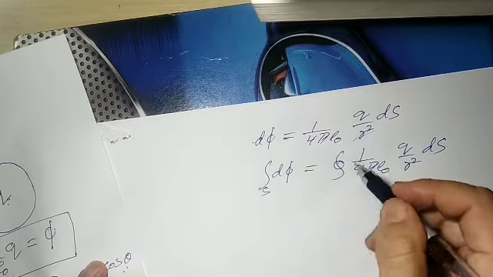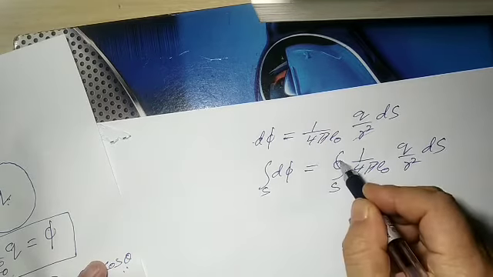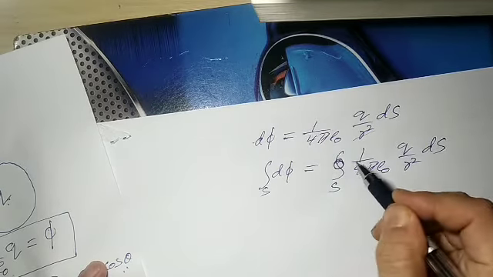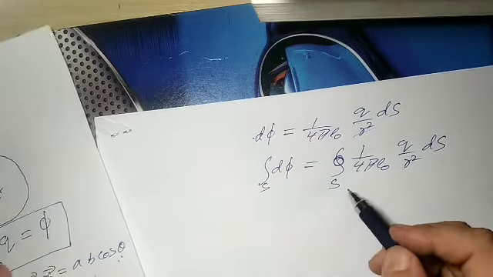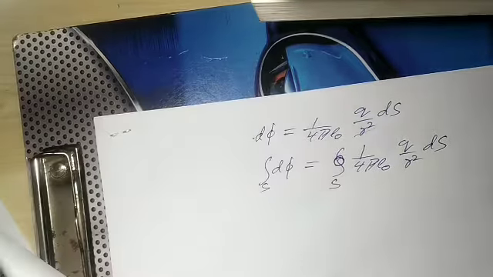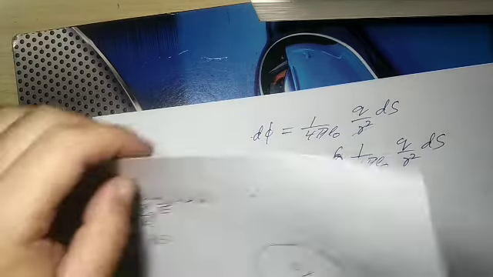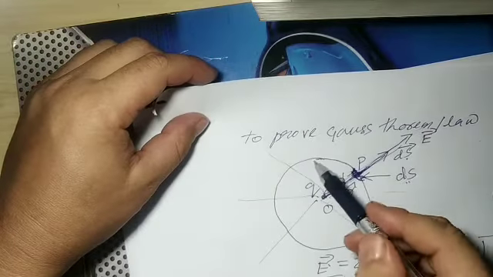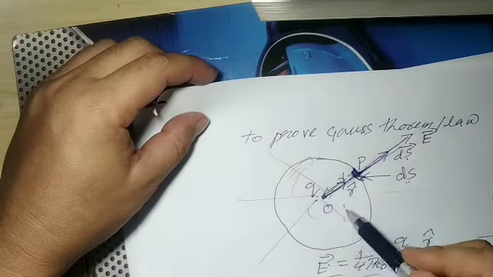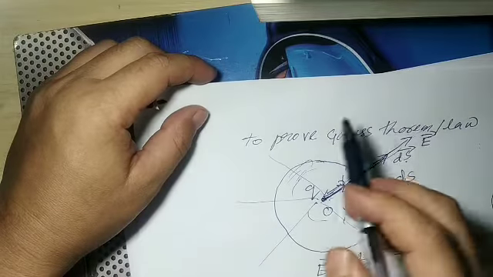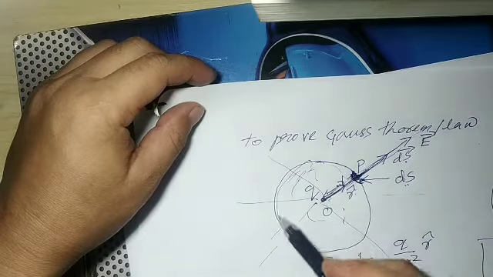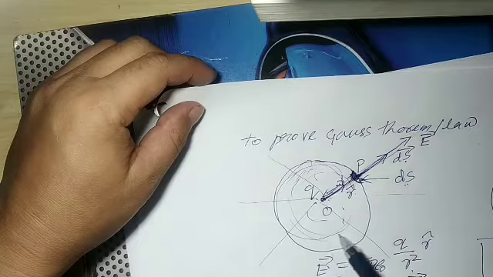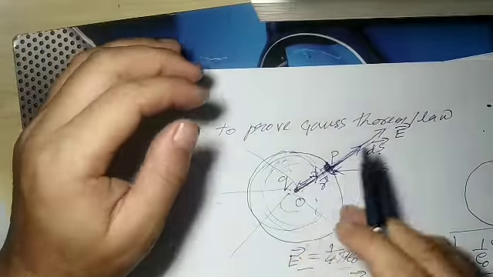Since the surface is a closed surface, I'm making it like this. What is the surface? Surface means the surface of the sphere, the total surface area we have to find. This is not a circle, this is a sphere, three dimensional.